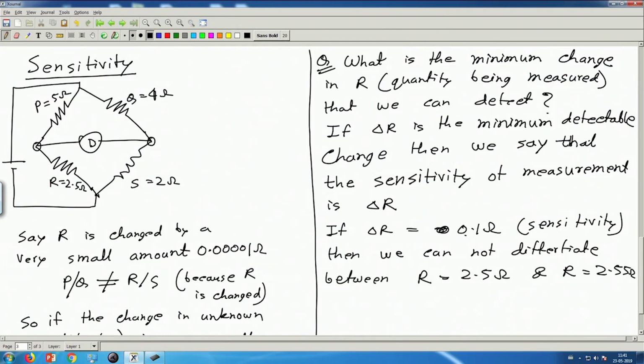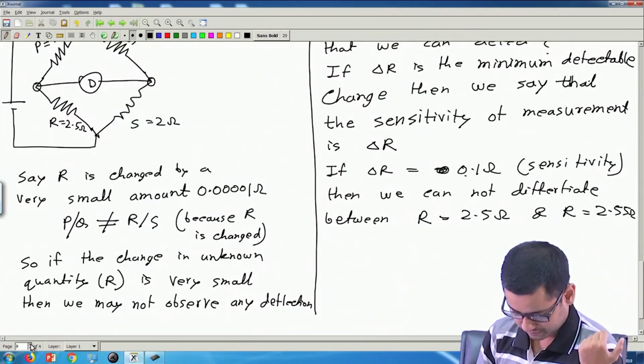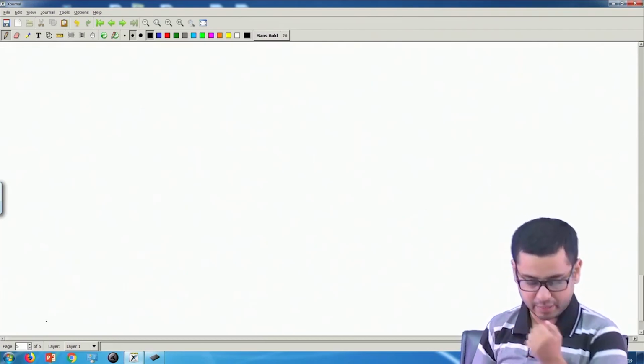Now, how to compute the sensitivity of this bridge, or how to evaluate the sensitivity quantitatively, I think we can do it with an example. So, let us take a simple example.